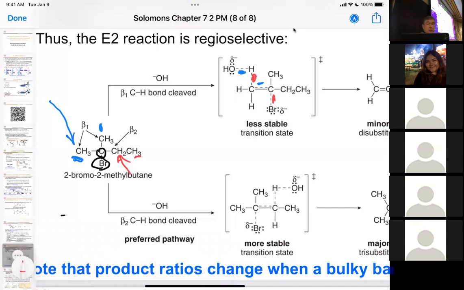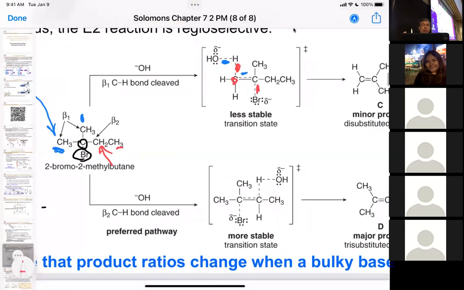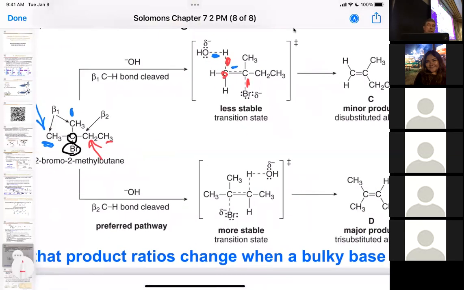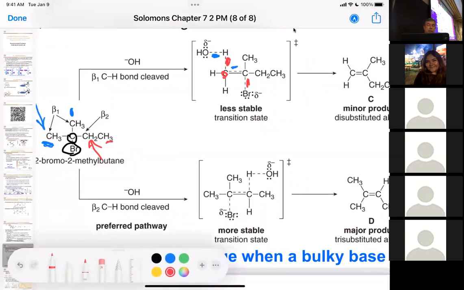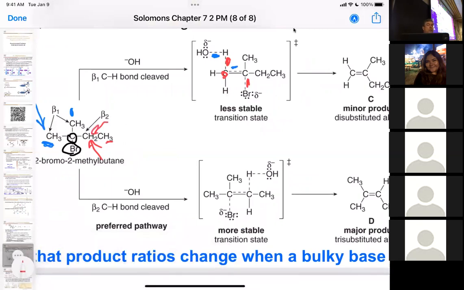Okay. So when we do this right here, we are going to have it go into this transition state where our carbon here is going to have the slightly more positive charge, maybe. Okay. So that's a transition state. But let's instead use the beta hydrogen over here.